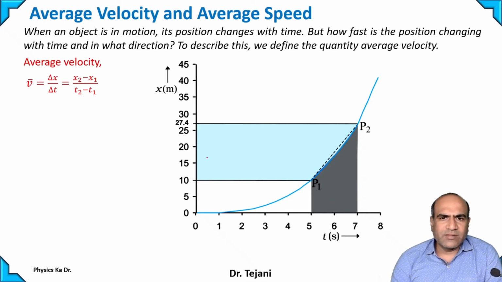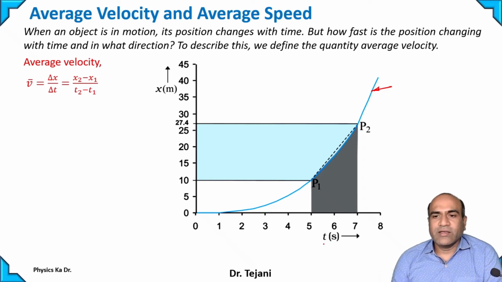Say, for example, in the graph we can see here there is some object that starts at 0 and keeps on accelerating. Therefore, it has curvature. It has curvature and it is accelerating. The object is traveling along the x direction with respect to t. How it is accelerating, we can see here.